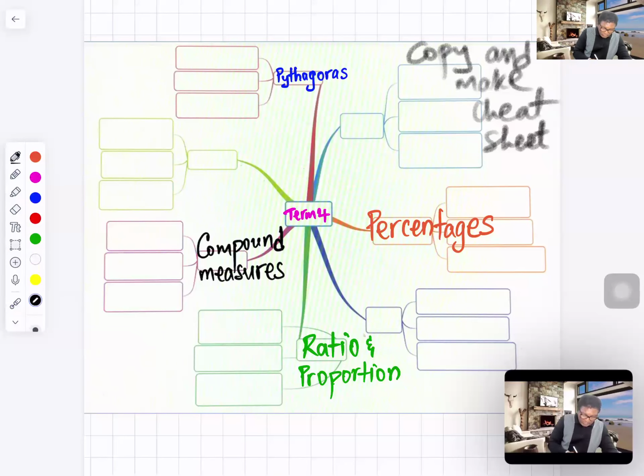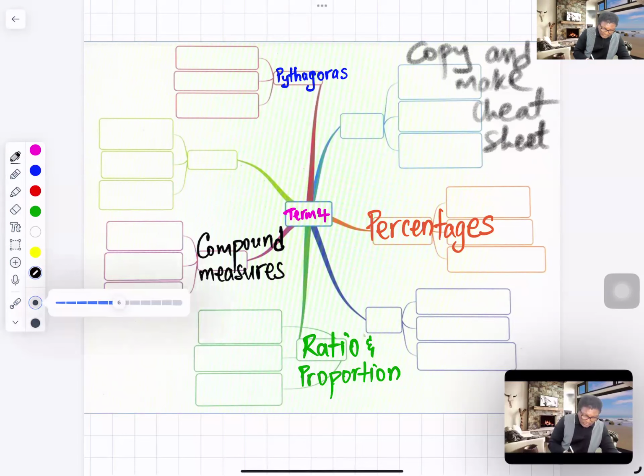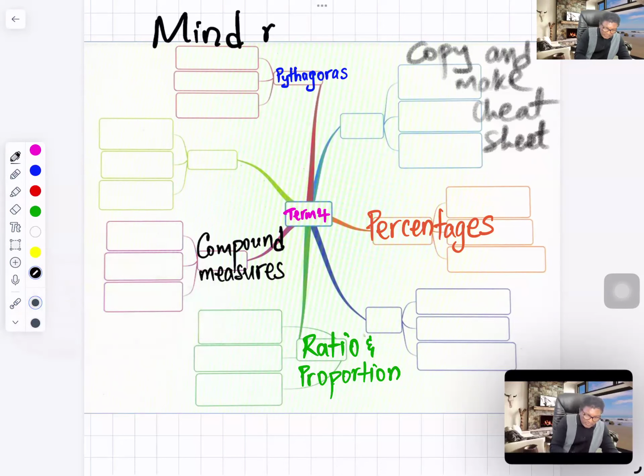I hope that helps you. And whenever you're learning a new topic, don't forget to make what we call a mind map. It's a map that gives you ideas of all the little key things that you need to remember.